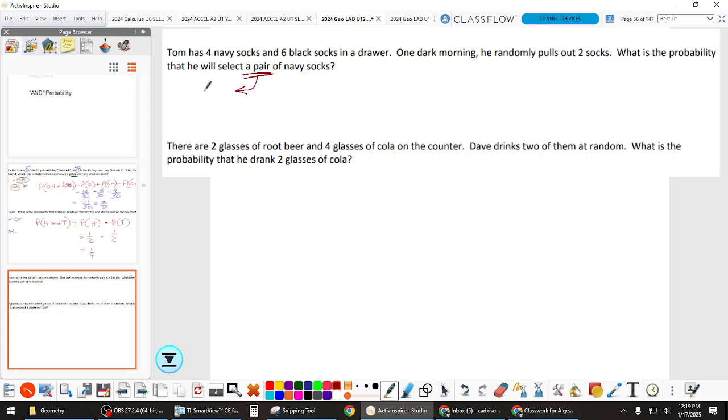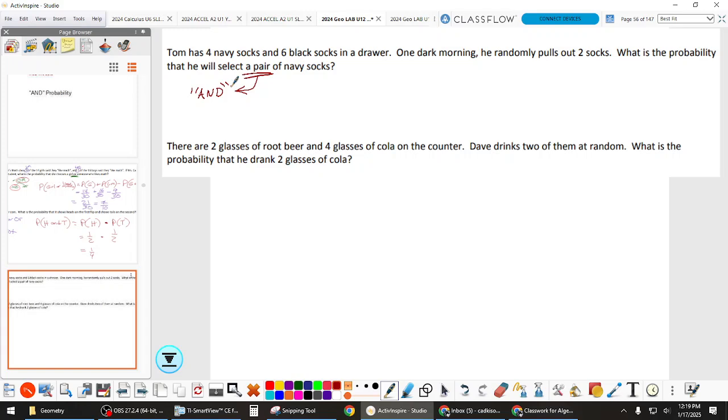It kind of implies the and, right? Does it matter if he reaches in and just grabs 2 socks at once versus one at a time? It's the same, yeah.